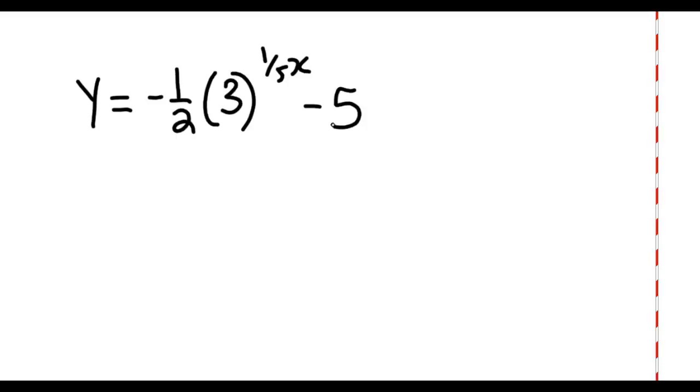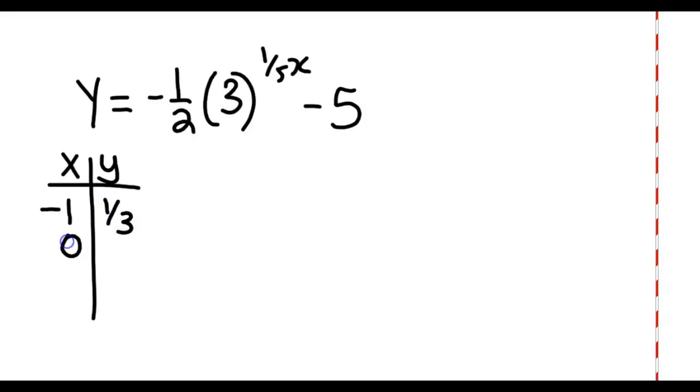Okay, so I'm just going to write that original table again because they gave us the original table: -1, 1/3, 0 and 1, 1 and 3, 2 and 9, 3 and 27.